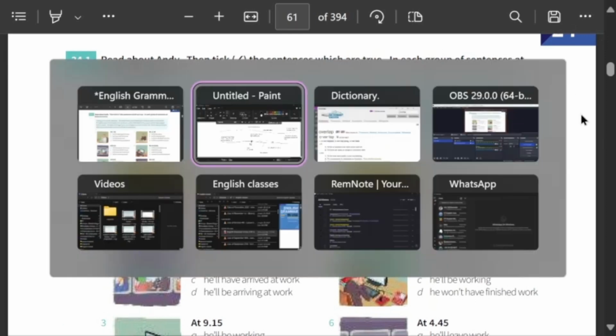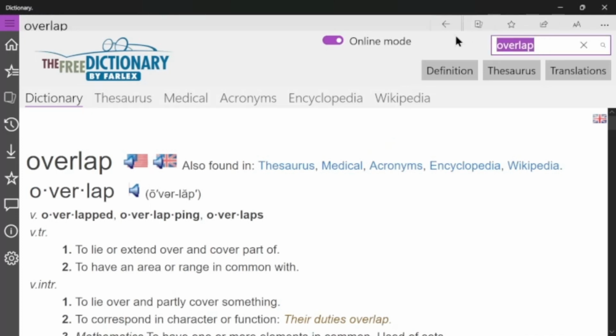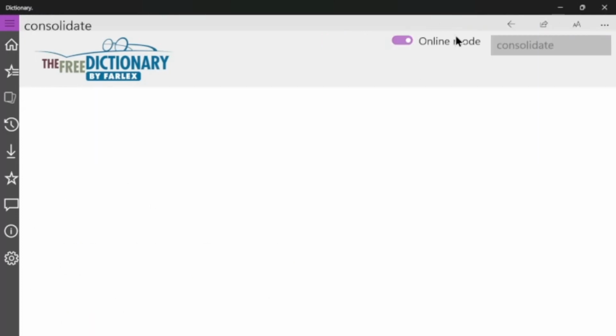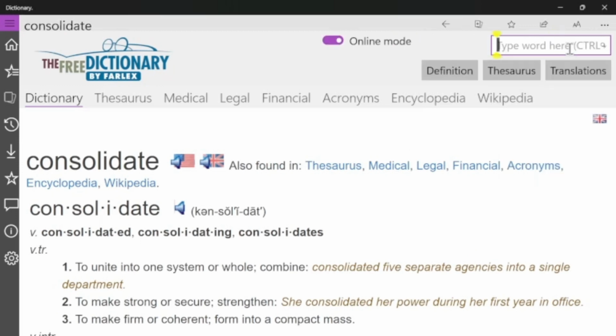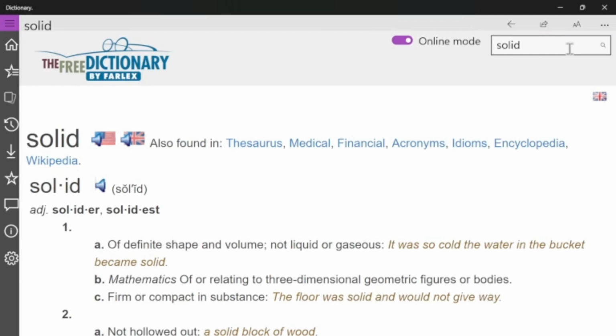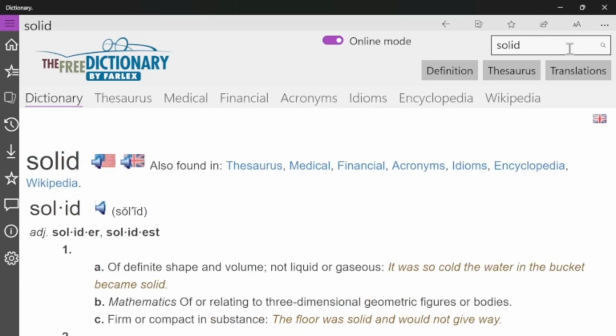What is to consolidate? Consolidate. You know this word? Consolidate. You know this word? Solid. You know solid? Solid means something that is not liquid, is not a gas, is solid. The table is solid. Okay? It's solid. It means something firm, compact, hard.